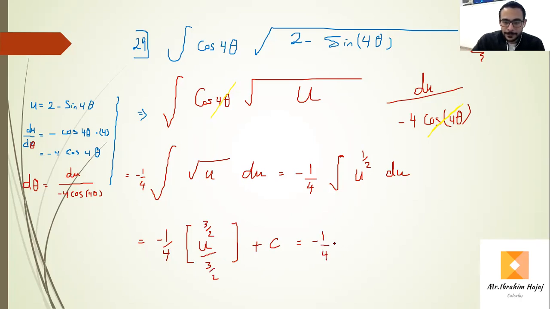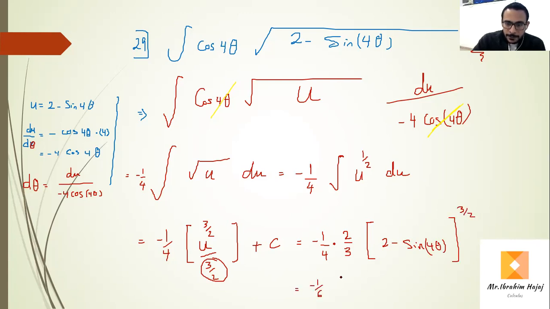Flipping the fraction, 3 over 2 in the denominator becomes 2 over 3, which gives negative 1 over 6. Replacing u with 2 minus sine 4 theta, we get negative 1 over 6 times 2 minus sine 4 theta to the power 3 over 2 plus c.